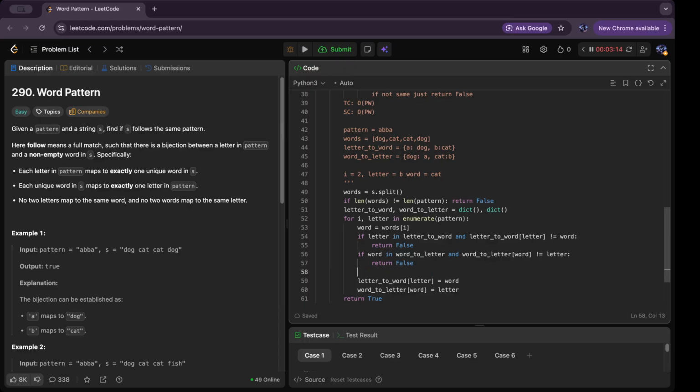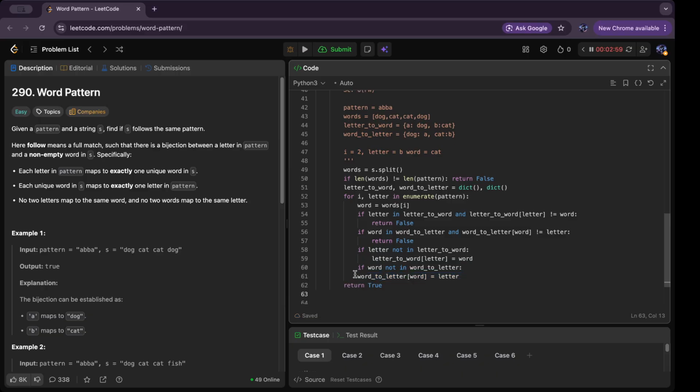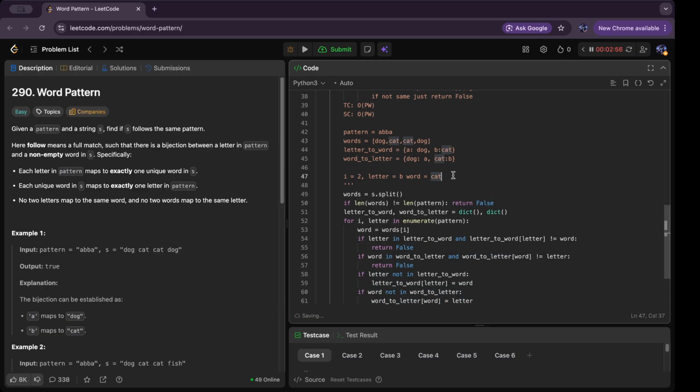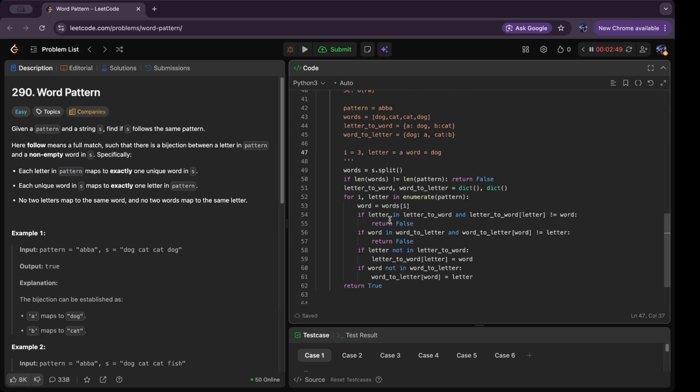I think we don't always have to do this check. Okay, and then index 3, dog. Dog maps to A, correct?